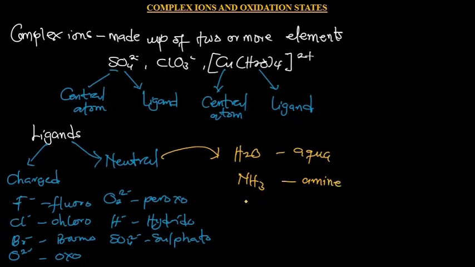Then we also have carbonyl and nitrosyl. These are some neutral ligands. You would have to use these to find the oxidation state of the central atom. So how do you do that? Let's look at some examples.